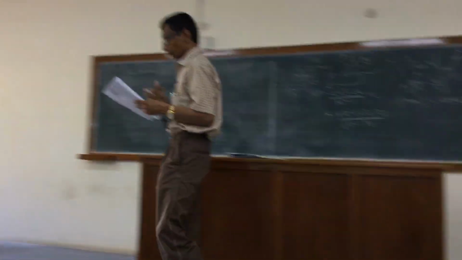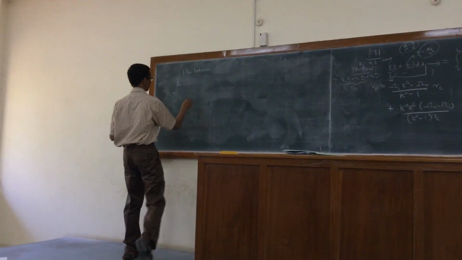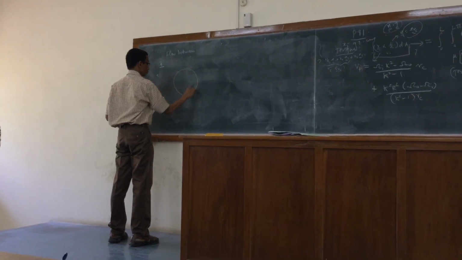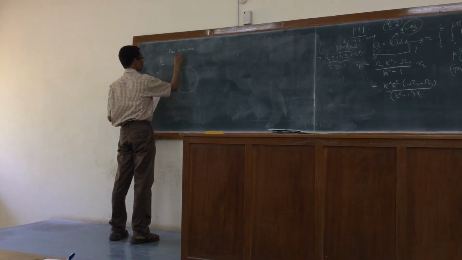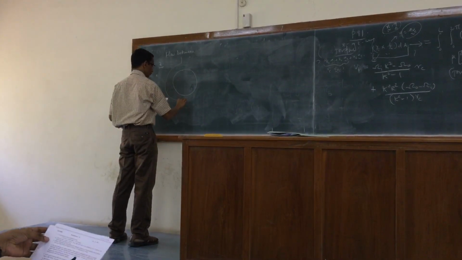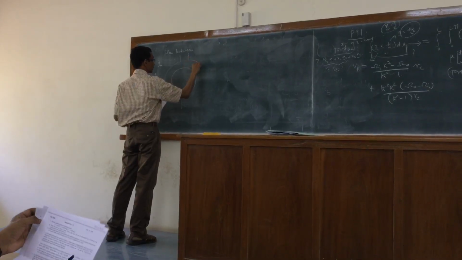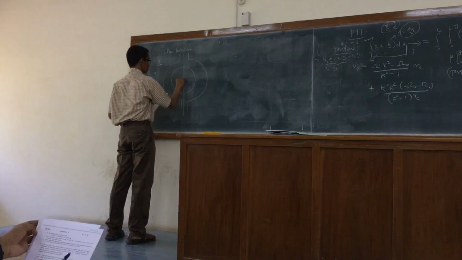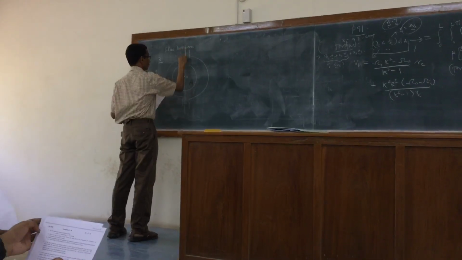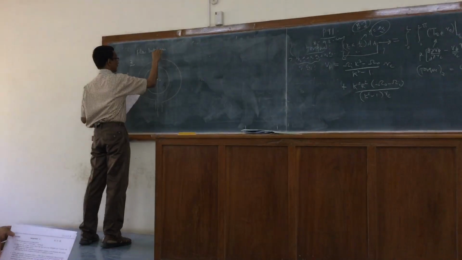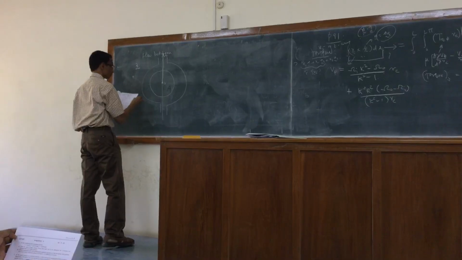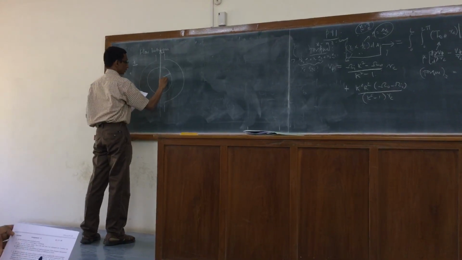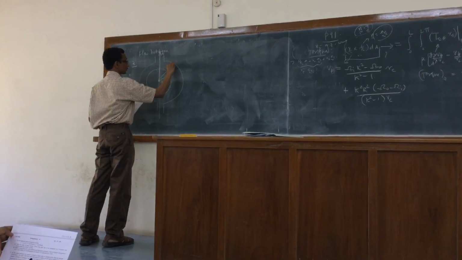So the creeping flow consists of a sphere, two spheres actually, and the fluid is flowing out of into the region. So let's say this is the origin of the sphere, and we call this the z-axis. So this is kappa times r. This is r.